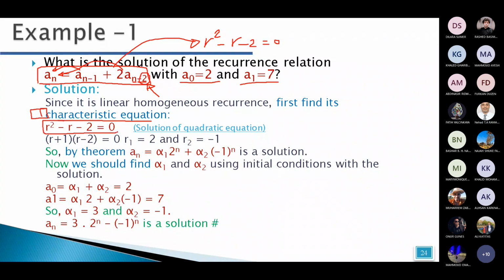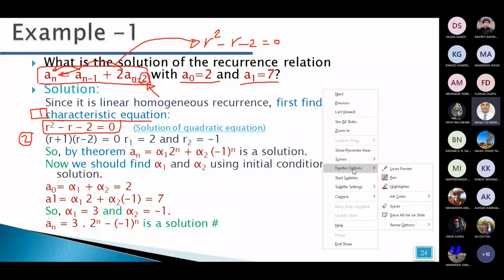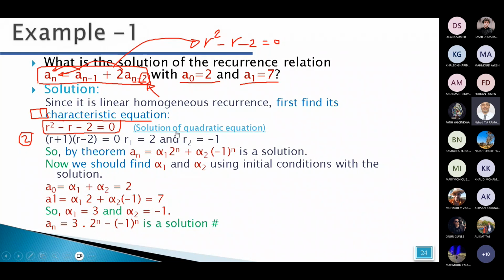Okay, what's the second step? Second step, solve it. Find the solution for the characteristic equation. This quadratic equation is easy to solve. We have many rules. I already mentioned the rules here, so you can click this one.